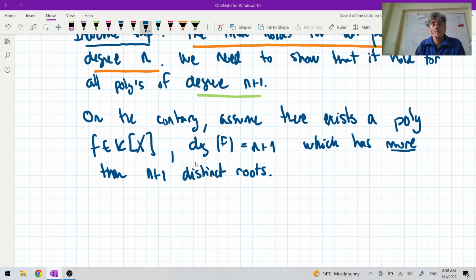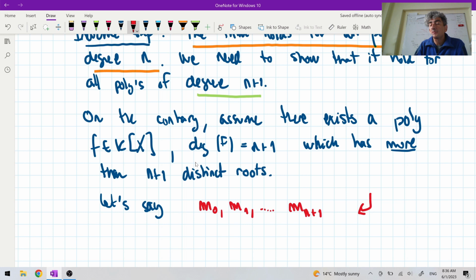So let's say that the roots are m0, m1, and so on up to m sub n plus 1. These are the roots of f for this assumed polynomial f.